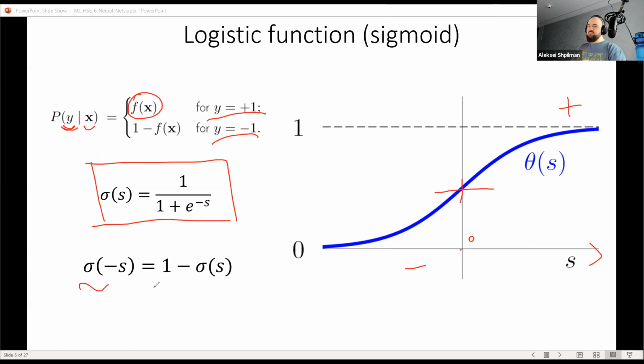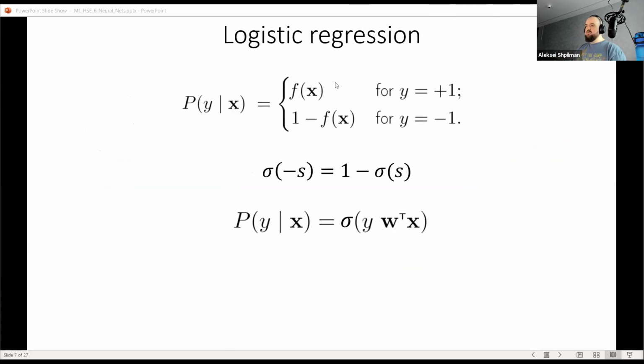And it's very useful because sigmoid of minus s is 1 minus sigmoid of s, so we can reformulate that in the following way. The probability of x belonging to a class y is just sigma of y times w transpose x, right? Because if y is positive, then it's the probability of the positive class. And if y is negative, then it's 1 minus the probability of the positive class, correct? Understandable, yes. Nodding your heads, everything is good. Good. Okay.